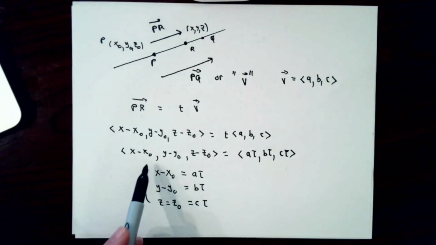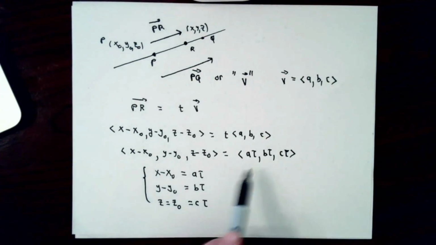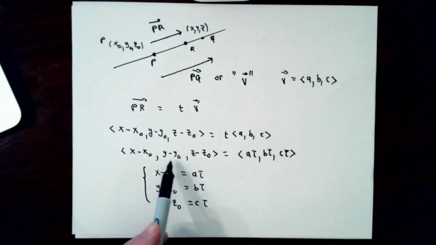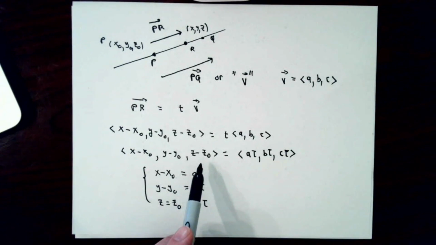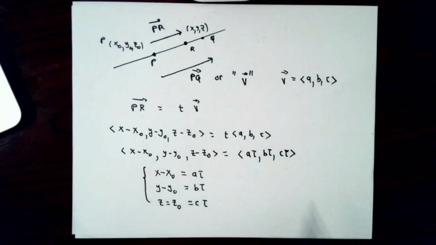That means that this number must equal that number, this number must equal that one, and this one has to equal that one. I can split this vector equation up into 3 ordinary equations. Now, from there are 2 common forms that people use. We'll look at both of them.